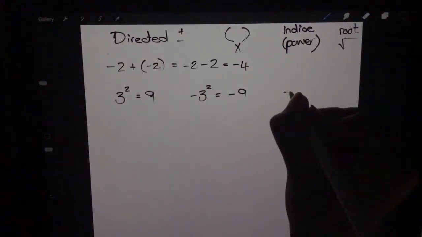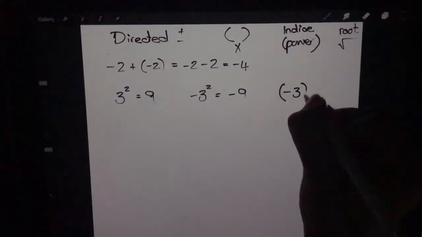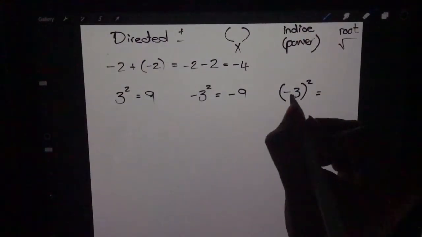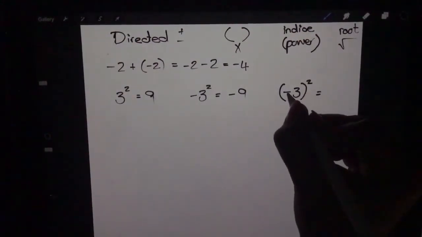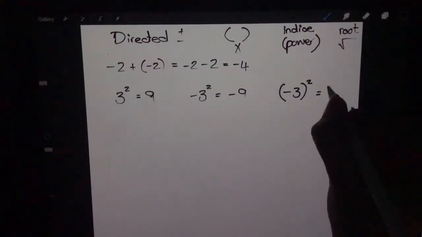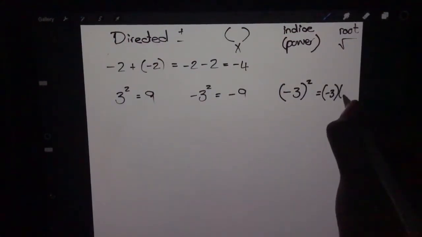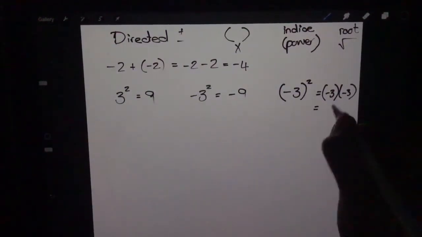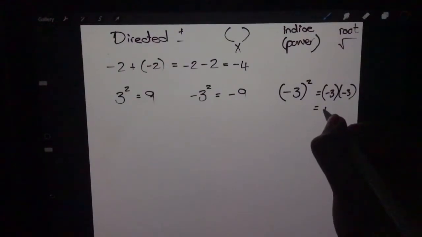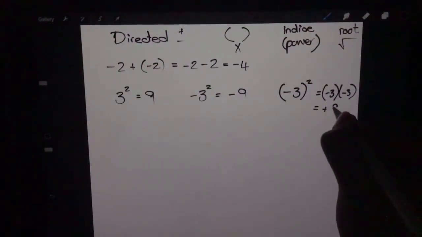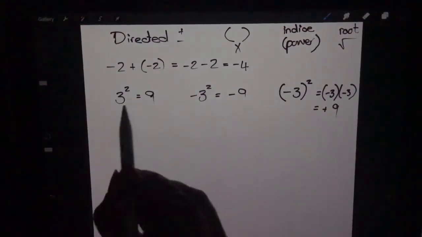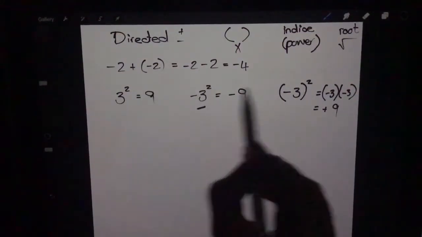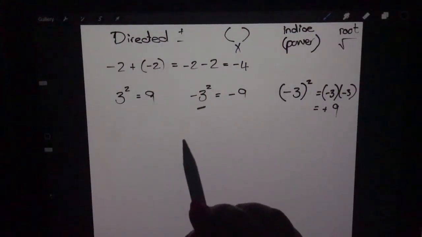However, if the -3 is in brackets and the power is on the outside, it means that this indice is also applicable to that negative number, which means the bracket needs to be multiplied with itself 2 times, which then would say negative times a negative gives me a positive, and a 3 times a 3 gives me a 9. So make very sure of whether there is a bracket or no bracket when we work with indices or powers.